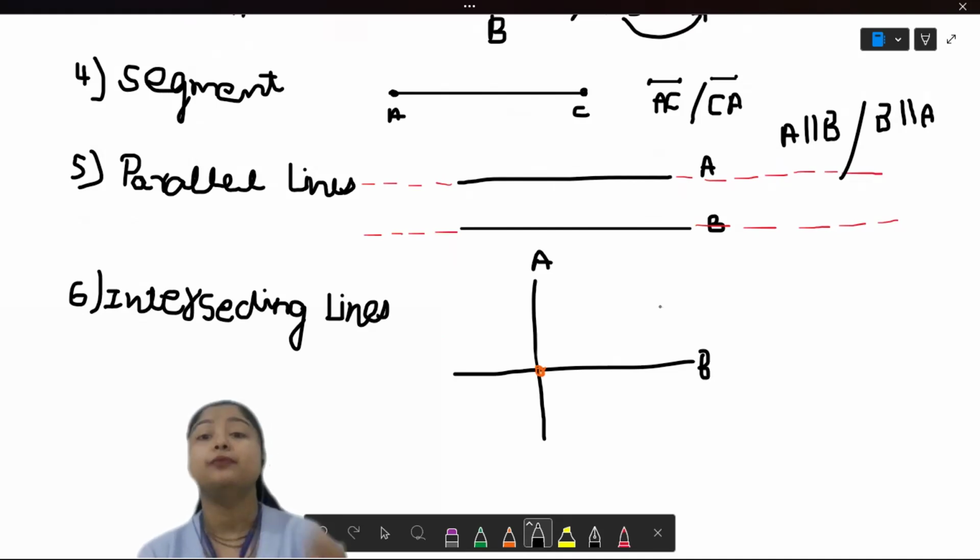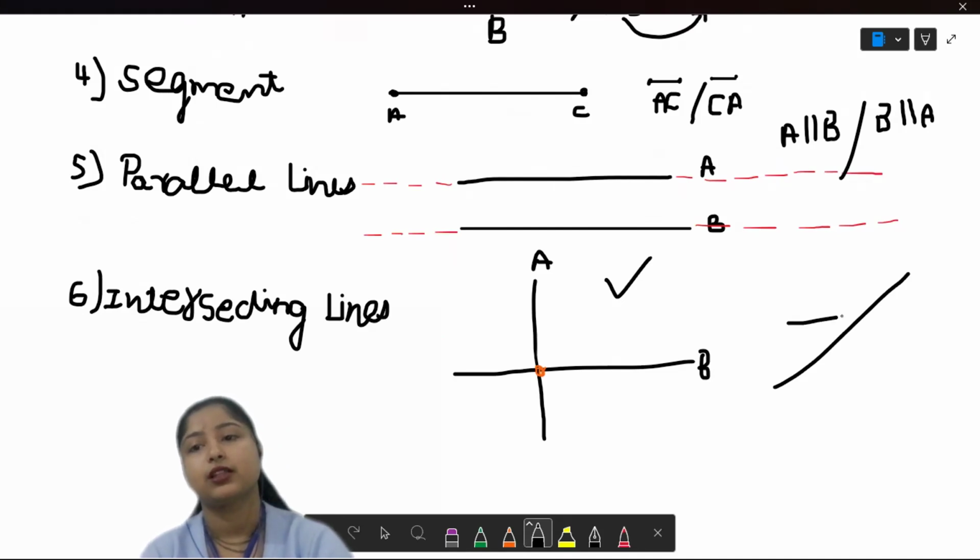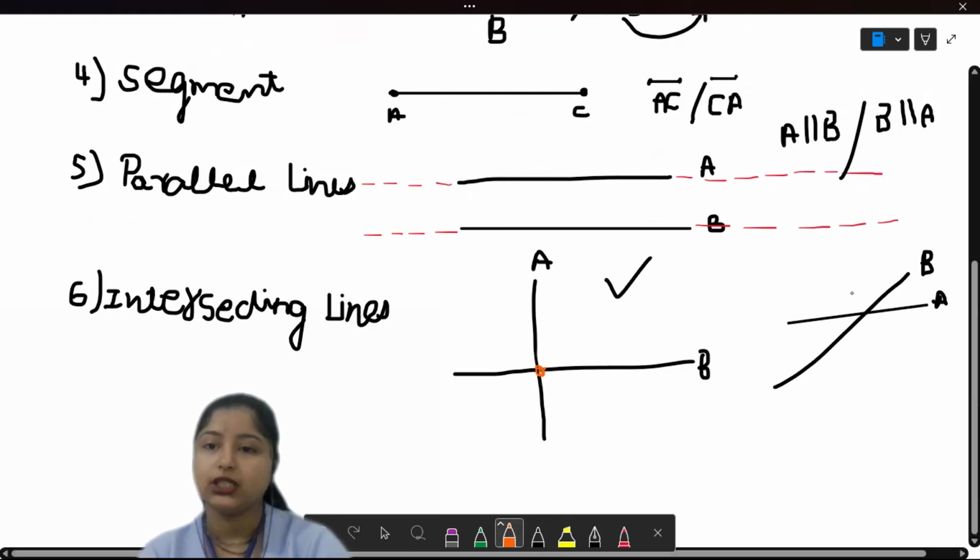When two lines meet each other, you can call them intersecting lines. It can be like this, or it can be like this. They are still meeting at a point. Let's say this is line A, and this is line B. They are meeting at a point, right? And whenever two lines meet, we can call them intersecting lines.